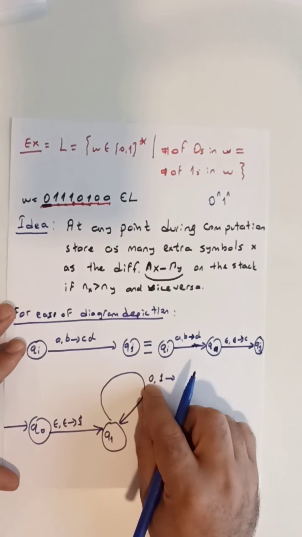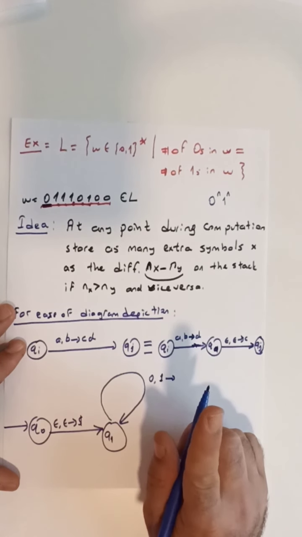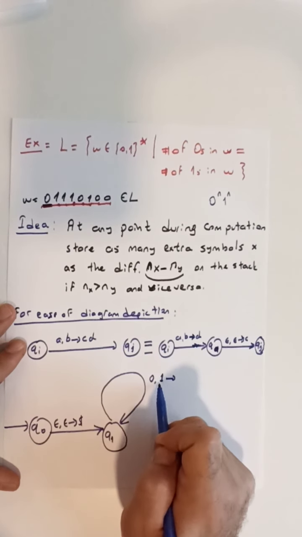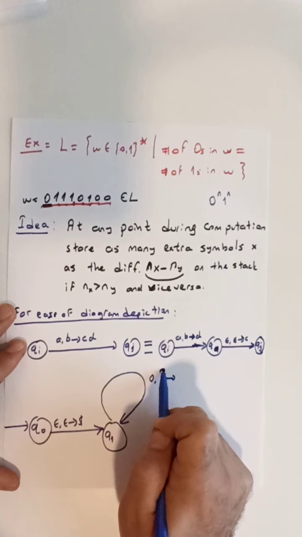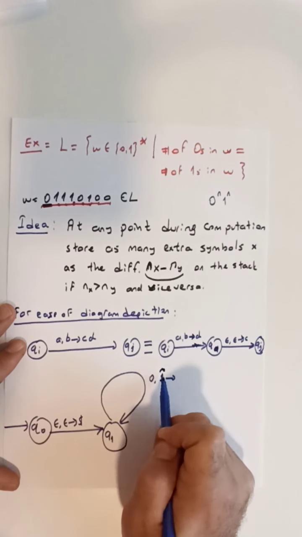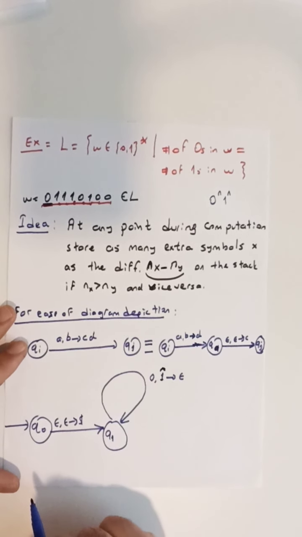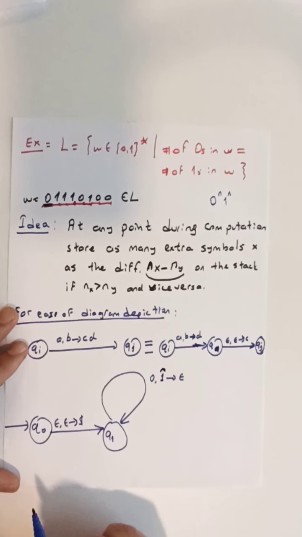Okay, but now we have seen a 0, which means that that difference is decreased by 1. We need to remove one symbol 1 from the stack, but for this we don't need to do anything, because note that this transition corresponds actually to popping a symbol 1 already. So this means that we don't push any symbol into the stack. Again, let's repeat.